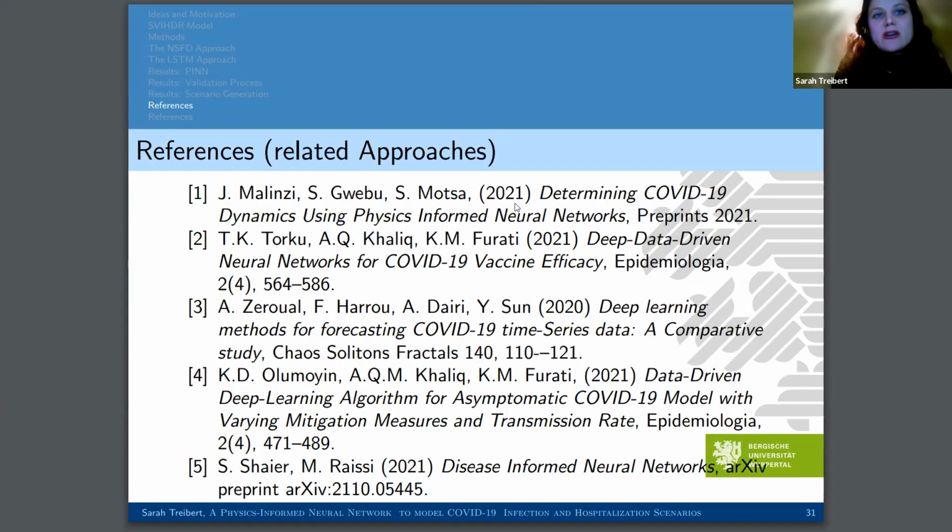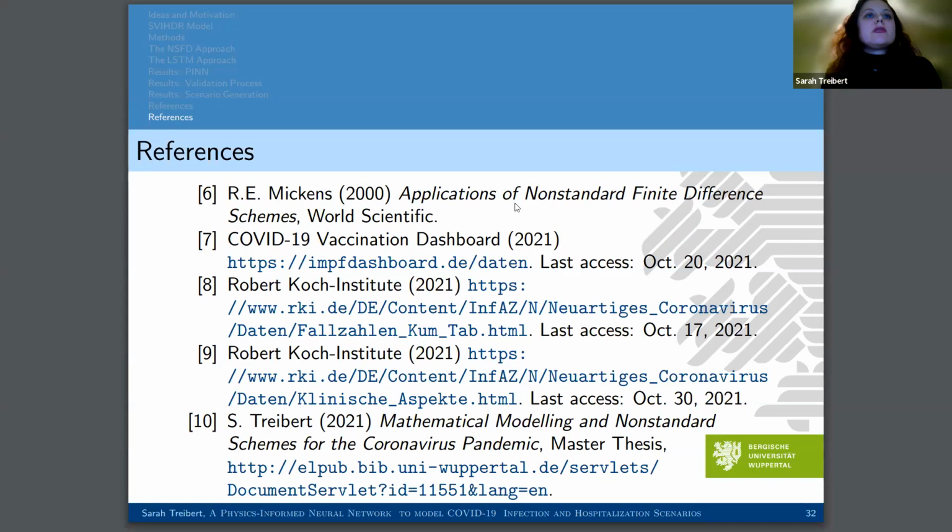And now we have got some references here. So these were the related approaches we had a look at. 1, 2, 3 also worked on deep learning of COVID-19 using PINNs, and number 4 and 5 dealt with epidemiology-induced neural networks, and those are the other references where also the data can be found of the Robert Koch Institute and the vaccination dashboard.